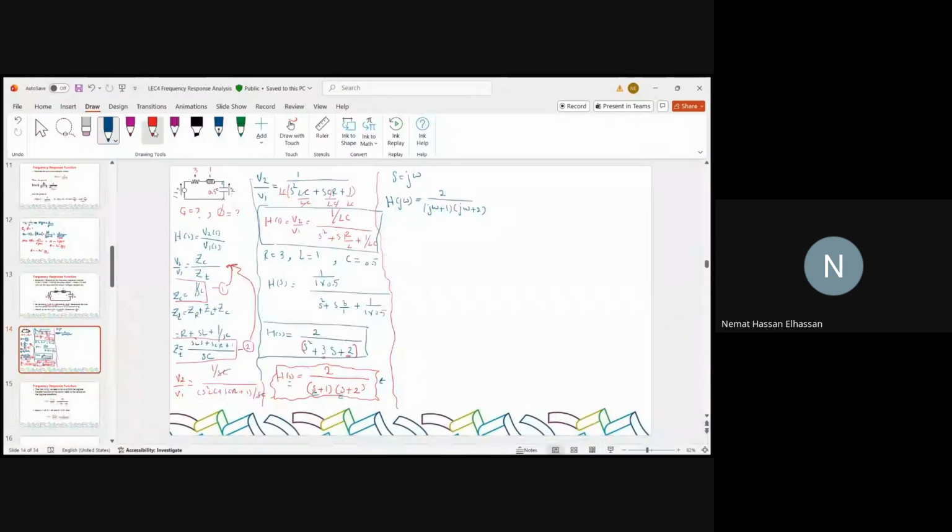So all we've done is every S here has been replaced by S equals J omega. And here we end up with what we call the frequency response of the circuit.